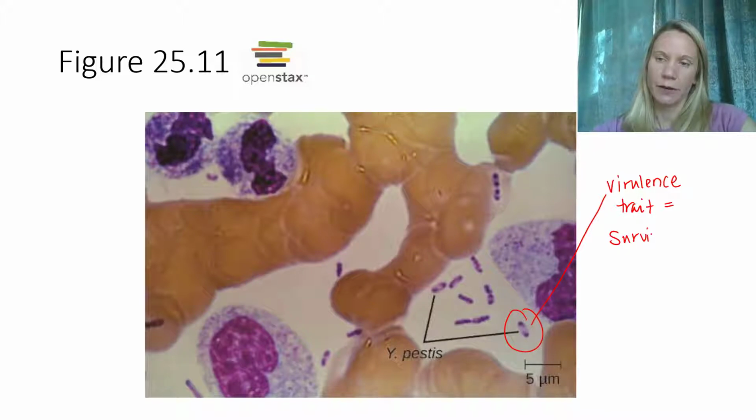Survival inside of macrophages allows them to resist digestion in phagocytosis. So they replicate inside of the macrophages.